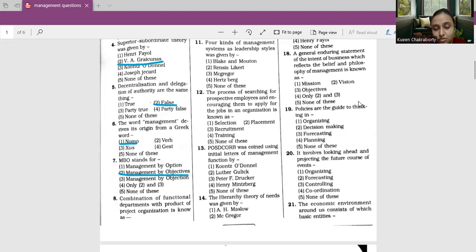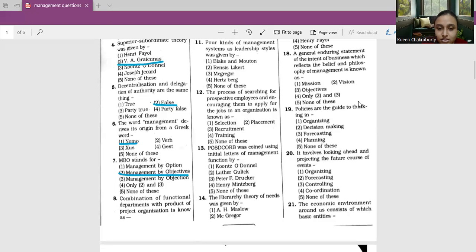The correct answer is Rensis Likert. In management, we also have something called the Likert scale, so from that name you can even draw a reference. Anyways, the answer to this is Rensis Likert.